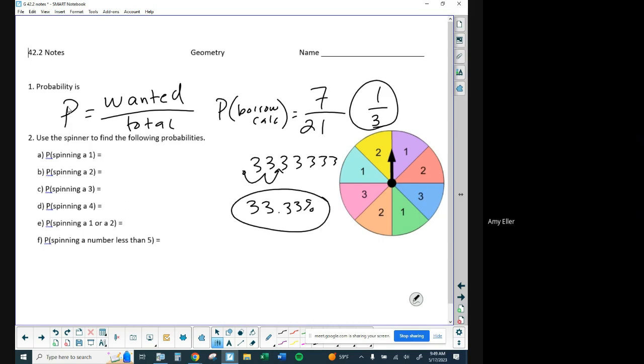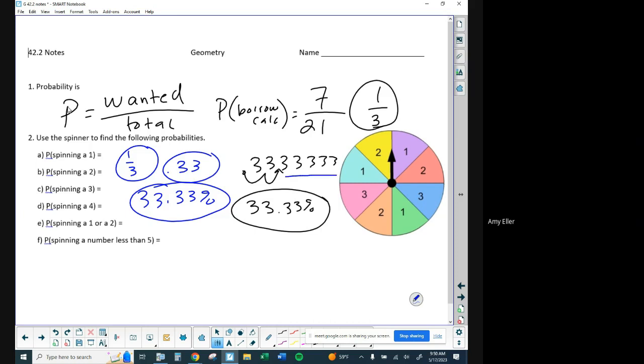There are a lot of correct ways to write your answer. Here are all the ways I would accept this problem. The probability of picking somebody in the room that's borrowing my calculator, you could write 1/3, you could write 0.33, or 33.33%. Those are all acceptable answers. The reason I went so far here is because I knew I was going to move the decimal, so I needed a lot of them.